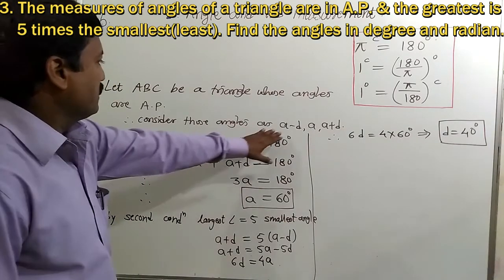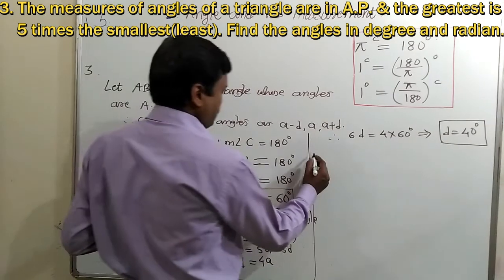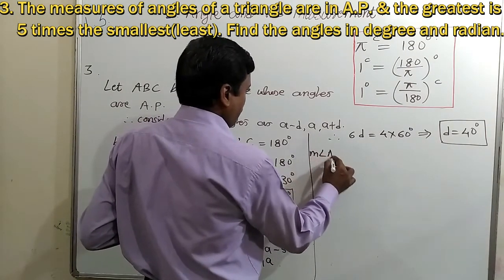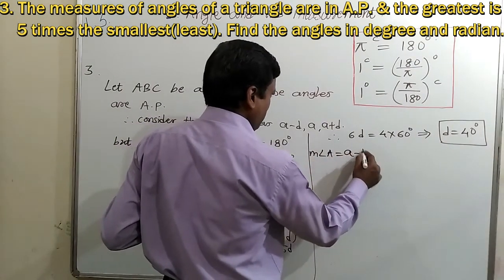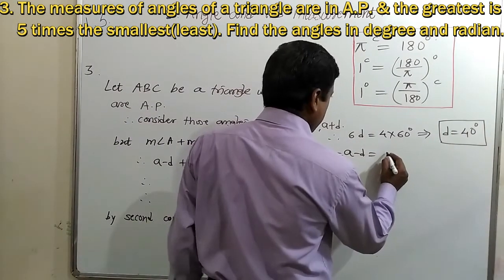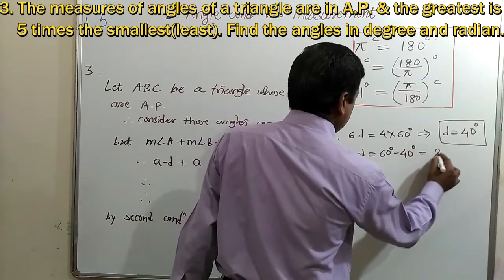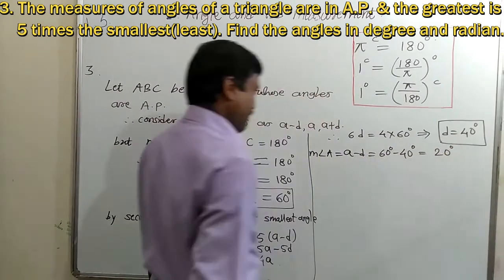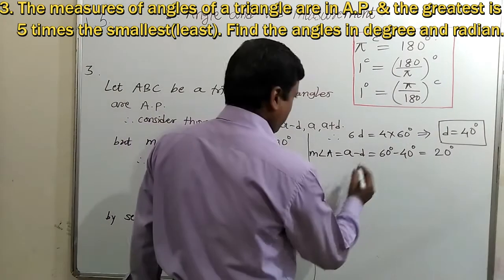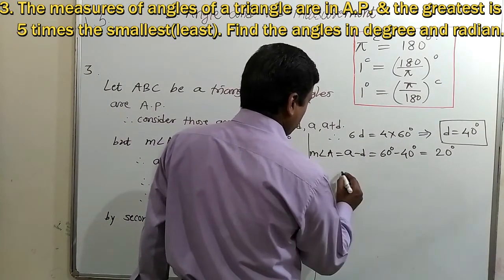Now we can write these angles as a minus d, a. So measure of angle A is equal to a minus d. a is 60, d is 40. So it will be 60 degree minus 40, that is 20. Let us convert this 20 degree into radian.